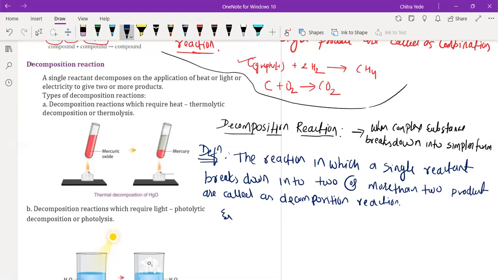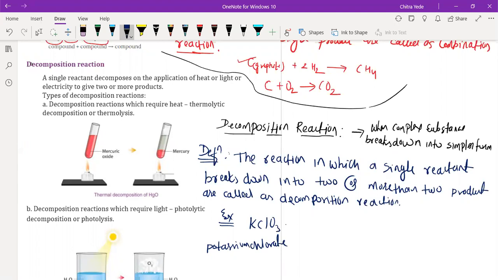Example. See, we will take one more example from your book. It is KClO3. Do you remember the name? Potassium chlorate.